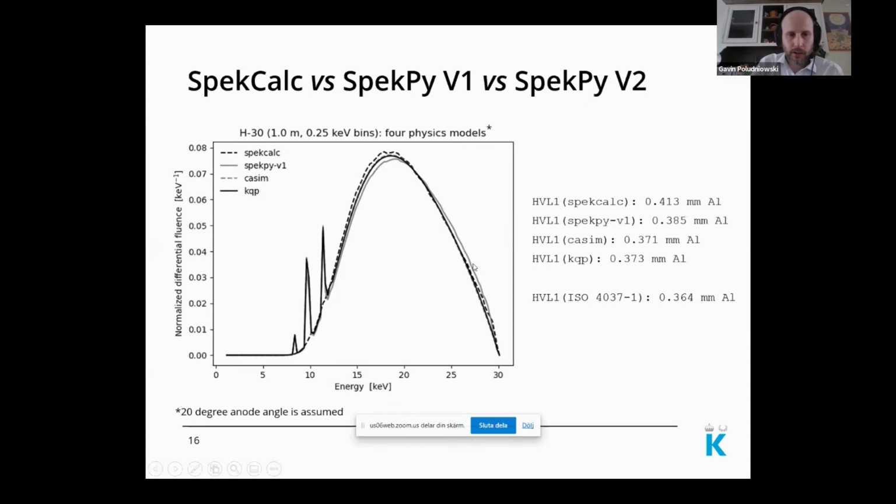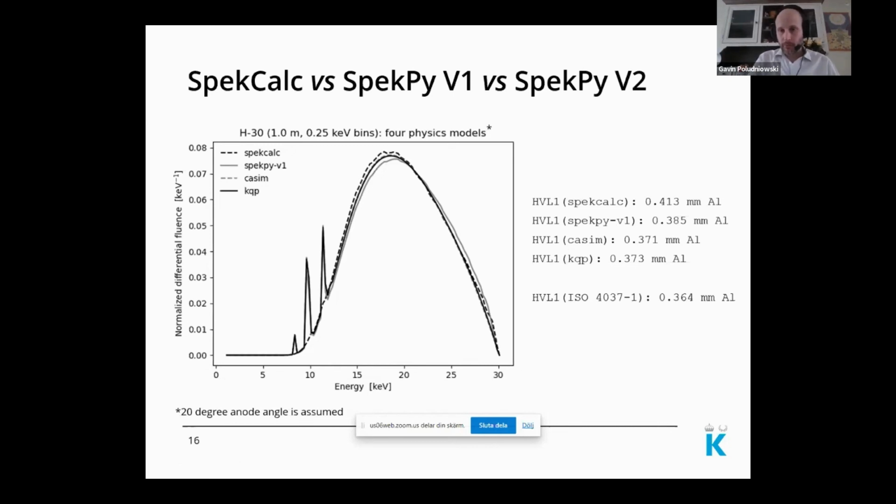It goes above the other curves, but it does have the L lines, whereas the two models from SpecPy version 2 are essentially identical. And if we look at the HVLs in comparison to a nominal value from ISO 4037-1, we see that SpecCalc does fairly poorly because it's missing the L lines.